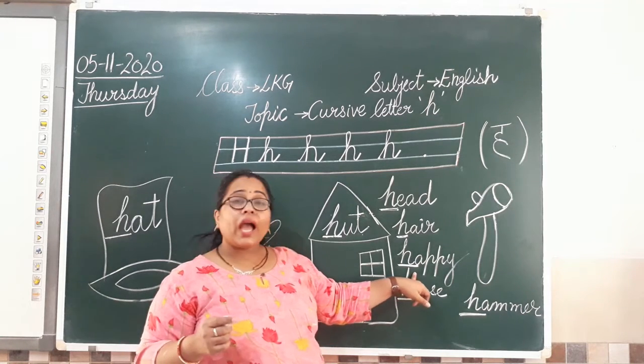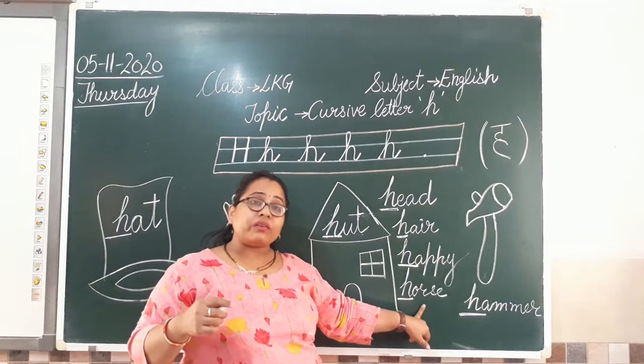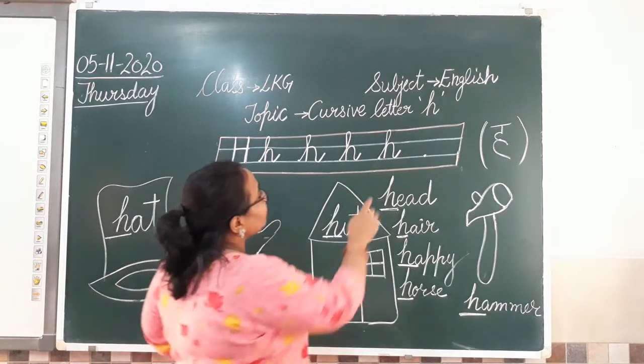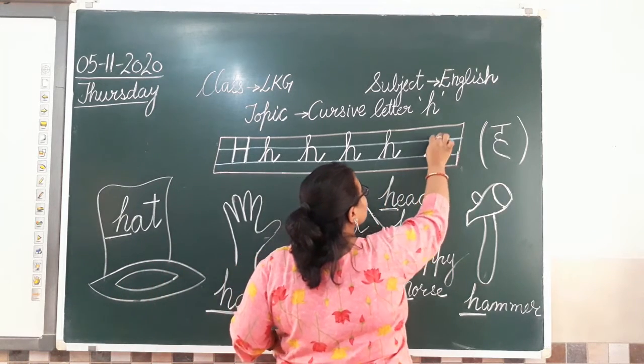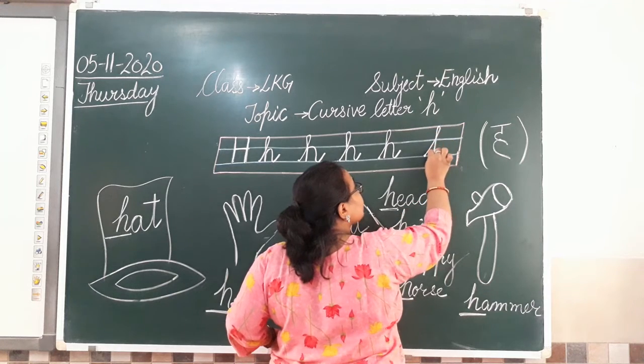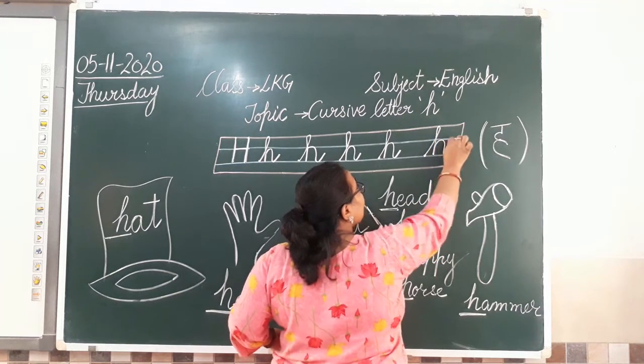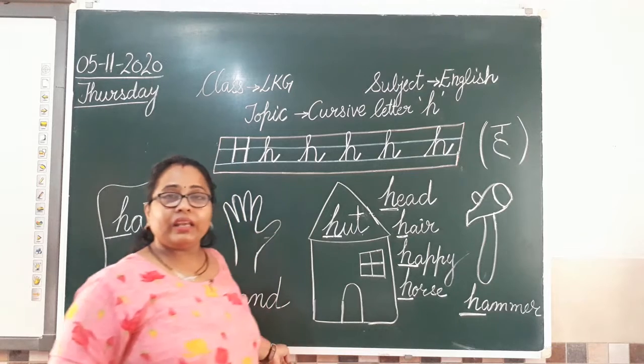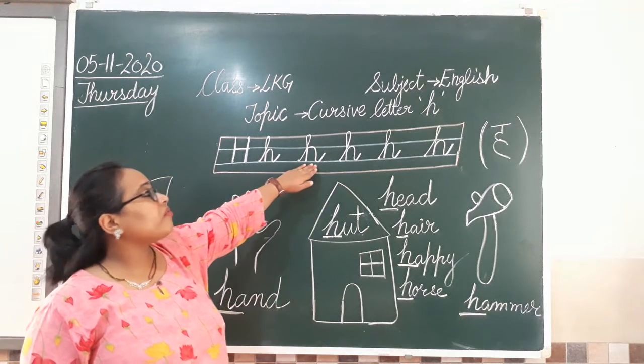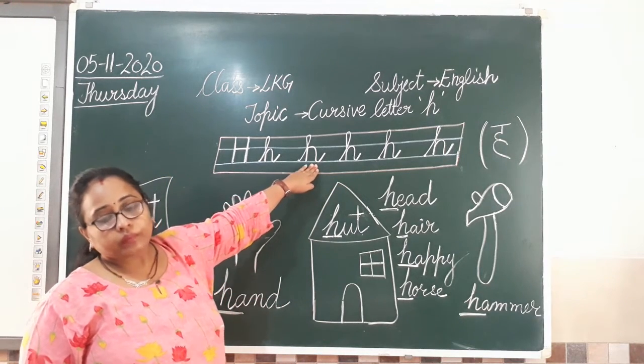Then we have happy. We have horse. Clear? Now once again, how to write cursive H? Like this. Come down. Go up once again and turn around. Clear? So this is your cursive alphabet H.